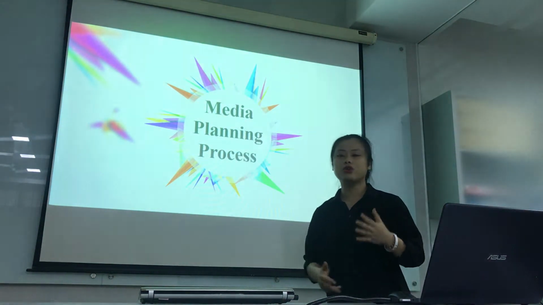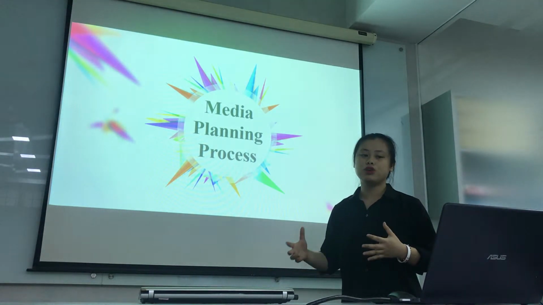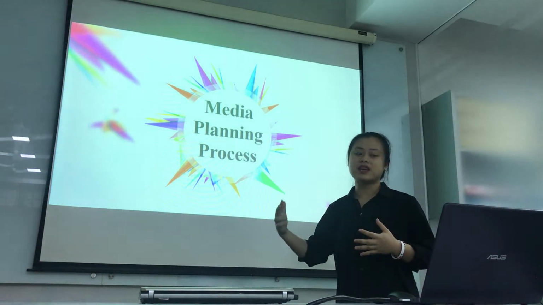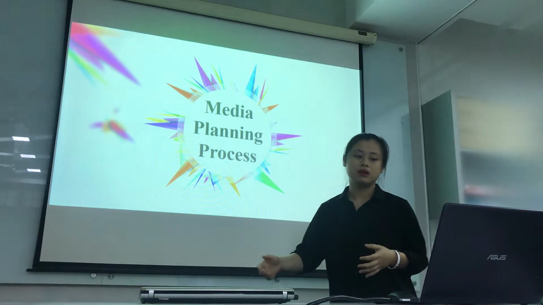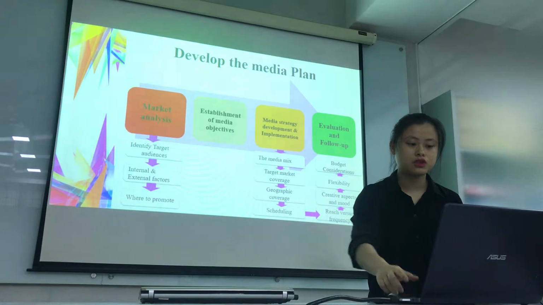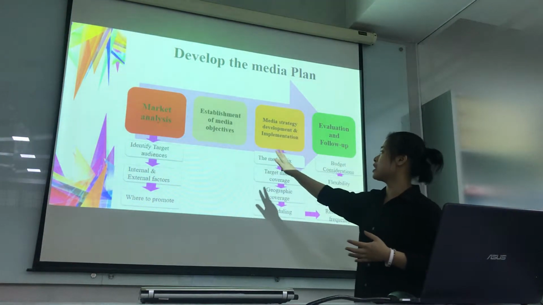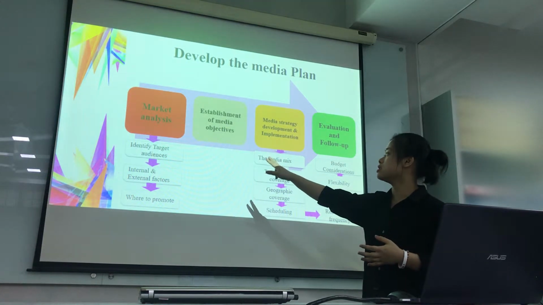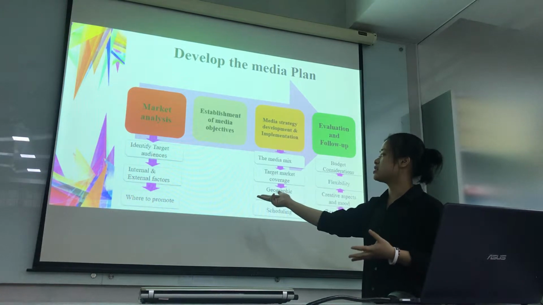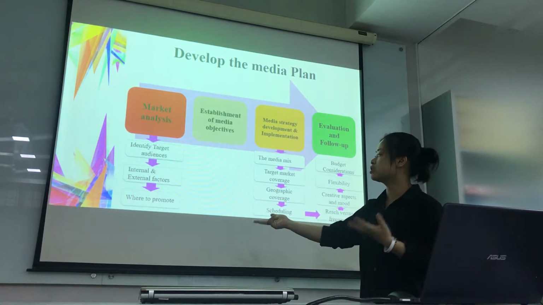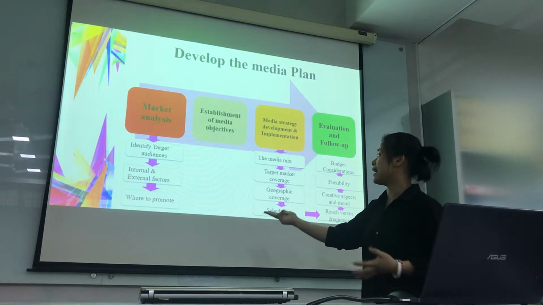After you have an overview or big picture of media plans, you might raise the question: how do we do media plans? To develop a media plan, we have four stages. The first stage is market analysis. It's about identifying your target audience, identifying internal and external factors, and where we should promote the ad.